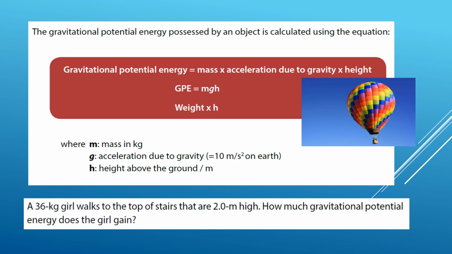So it is equal to 36 times 10 times 2. So it is equal to 360 times 2, which is equal to 720. So the gravitational potential energy gained by the girl is 720 joules.